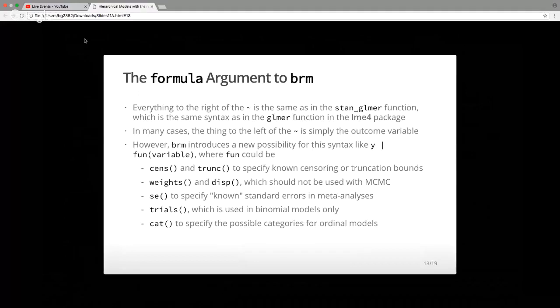If you're doing a binomial model, you can specify the number of trials. If you're doing an ordinal model, you can specify the number of categories, all things that have these special functions associated with them. And if you want to use any of these, then if y is your outcome variable, you just do y, bar, cat, whatever, tilde, the variables that go into your ordinal model.